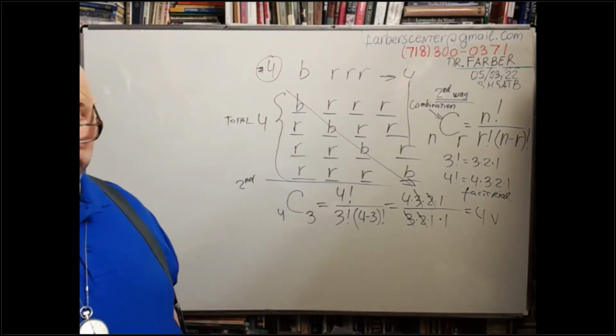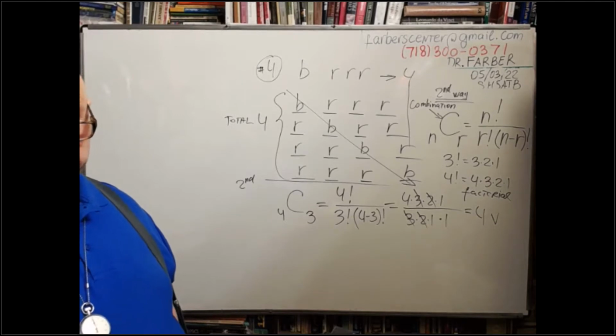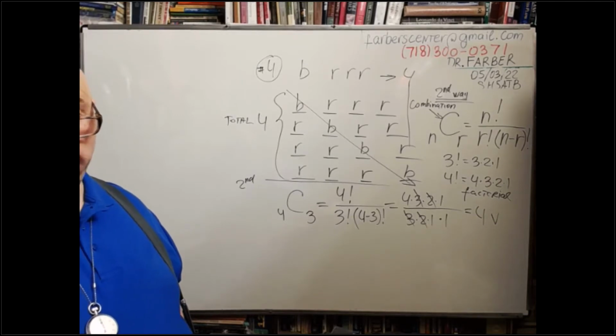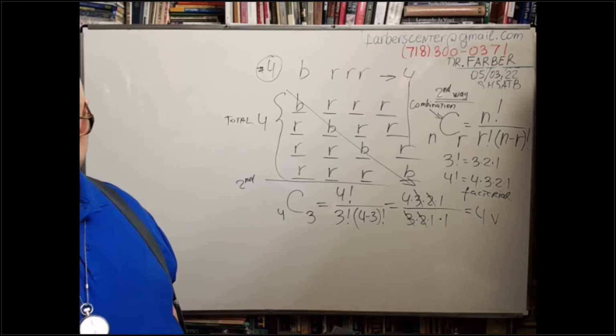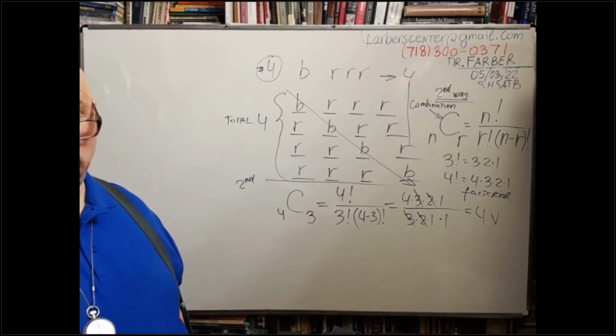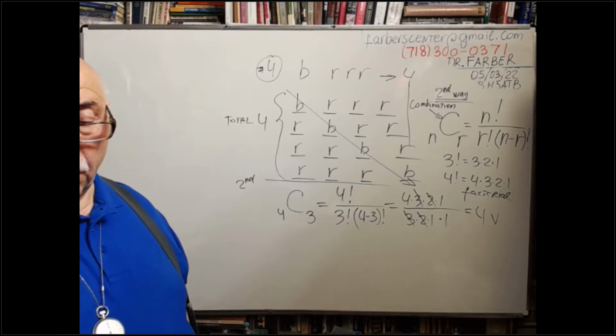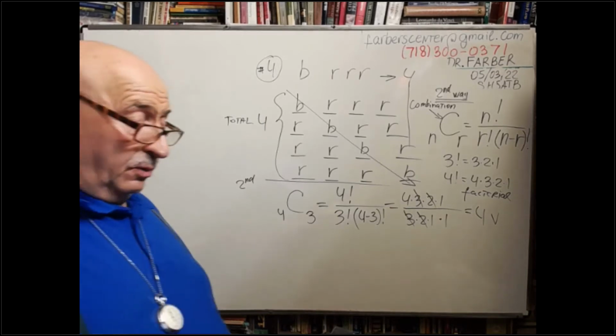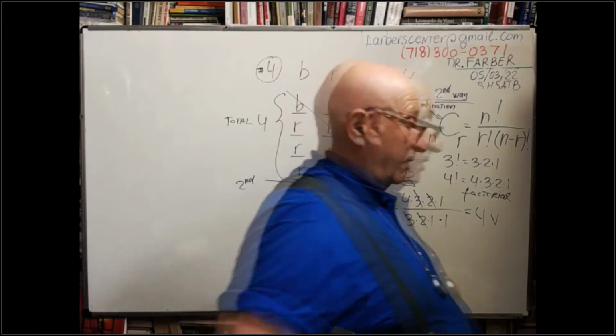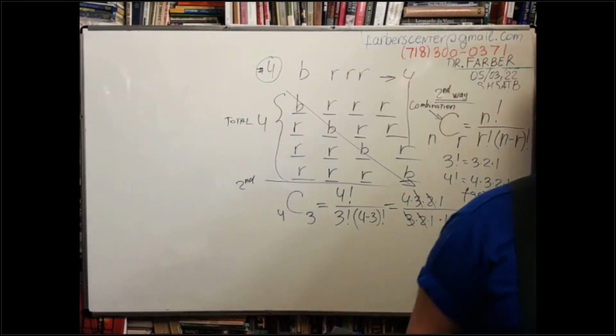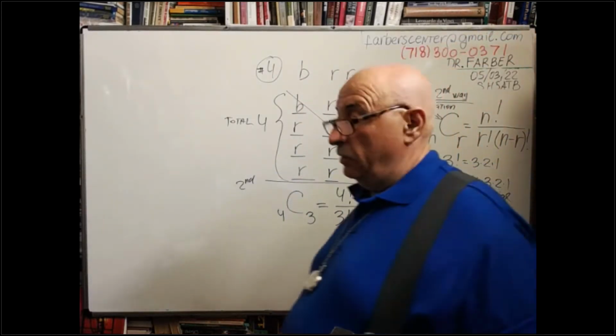Welcome. Who has questions? Ask me. It's a good idea to know both ways, because when you finish this test, you have extra time. Usually my students have extra time, and you check your work the second way.